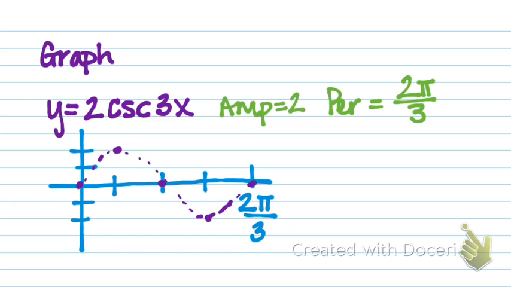But cosecant is the reciprocal of the sine function. So everywhere the sine function touches the x-axis, you're going to draw an asymptote. Okay, and then everywhere that you see the points floating out in between those asymptotes is where you're going to draw your u's.